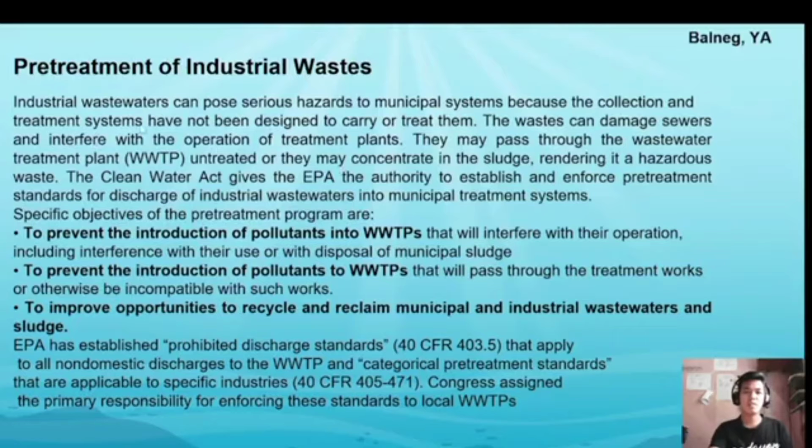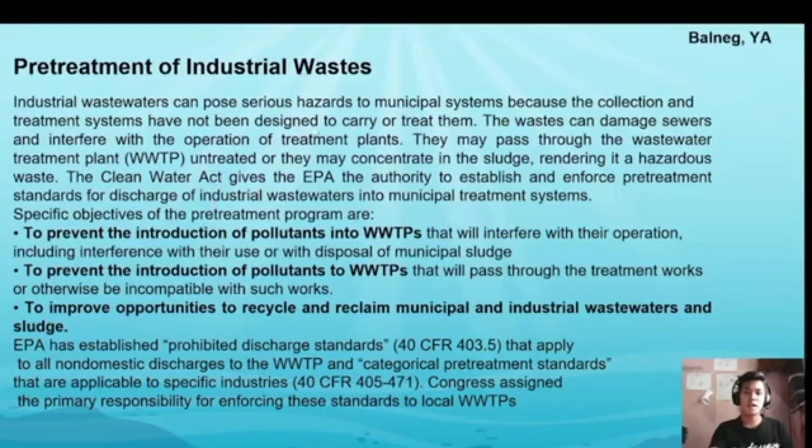These industrial wastewaters can pose serious hazards to municipal systems because the collection and treatment systems have not been designed to carry or treat them. The waste can damage sewers and interfere with the operation of treatment plants. Why? Because industrial waste contains many hazardous materials and chemicals, given that this wastewater comes from the production process. We don't know the chemicals and other solids that a certain industrial company is producing.